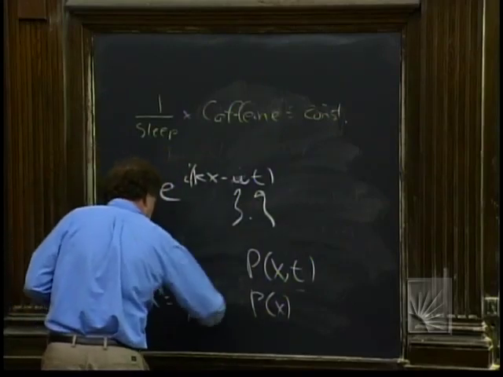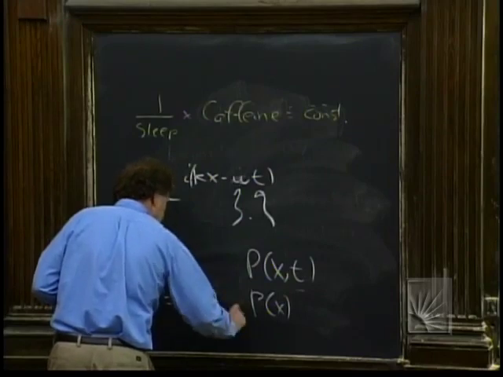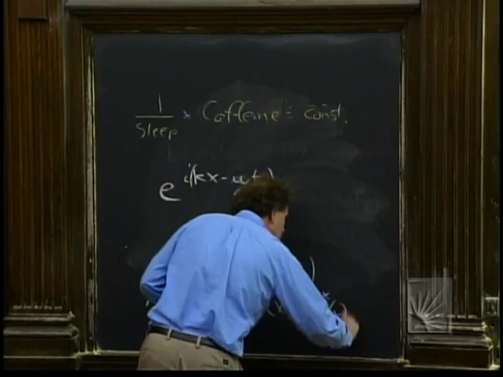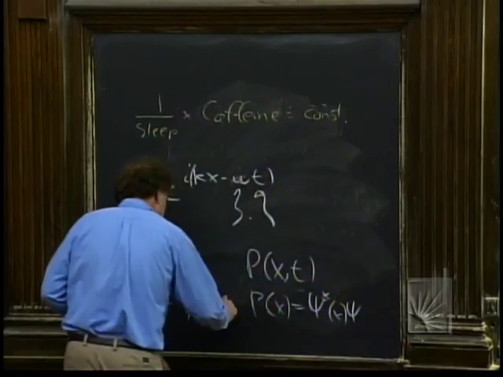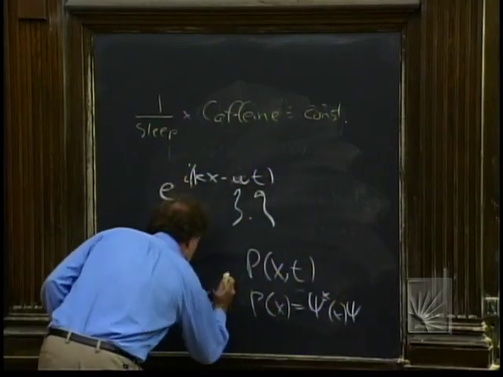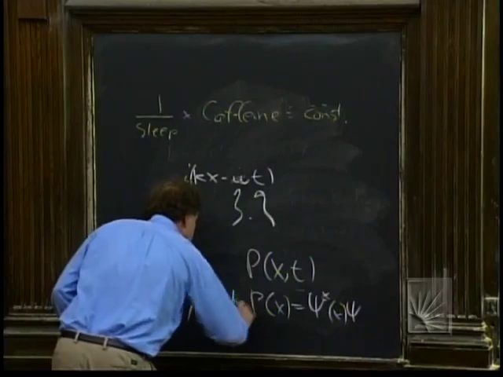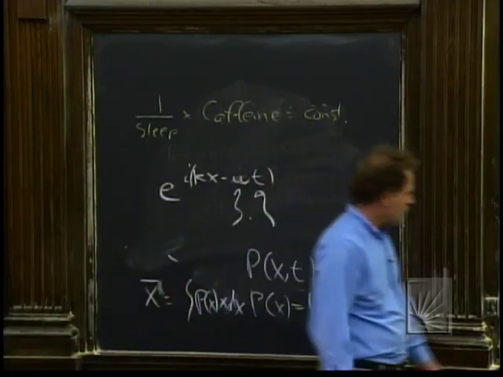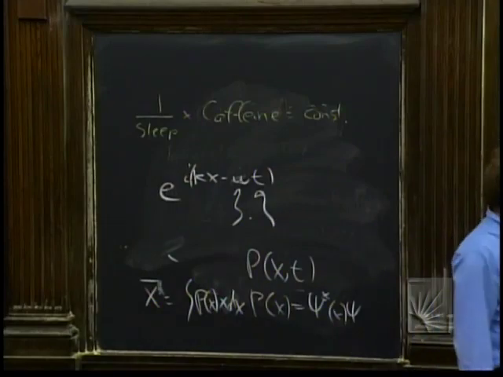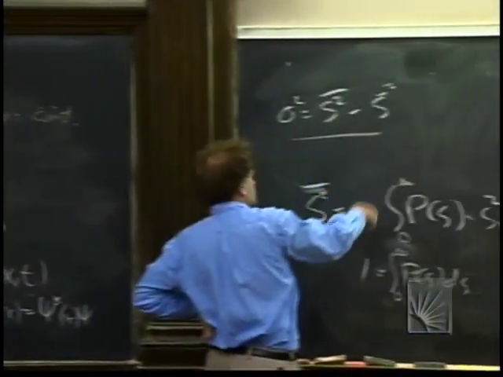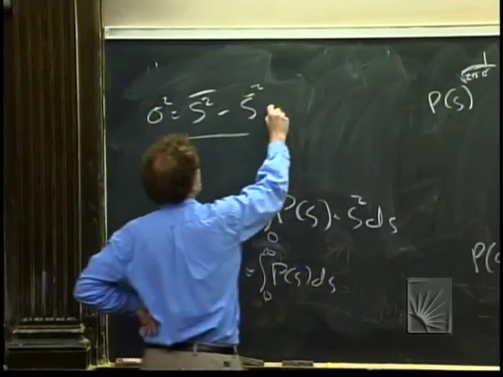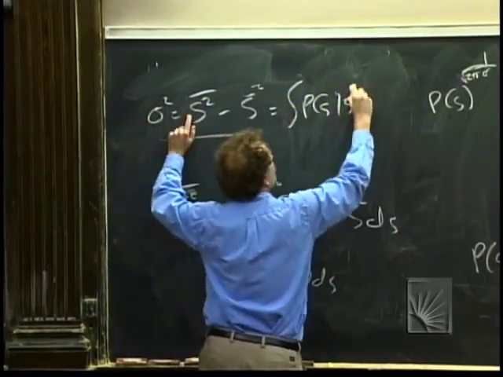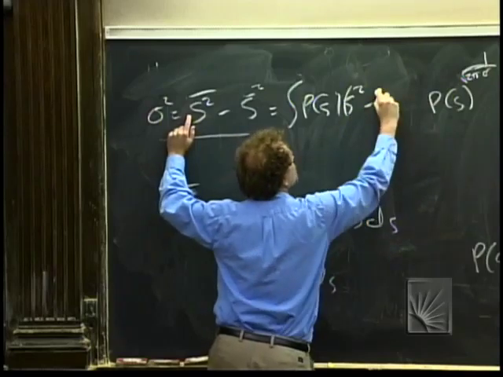It's going to be the integral of the probability distribution, which came from psi star psi, times x dx. Okay? That's what we're going to do with probability densities. Is that clear? So now, if I actually want this in this situation, that is to say P of S times S squared minus S average.